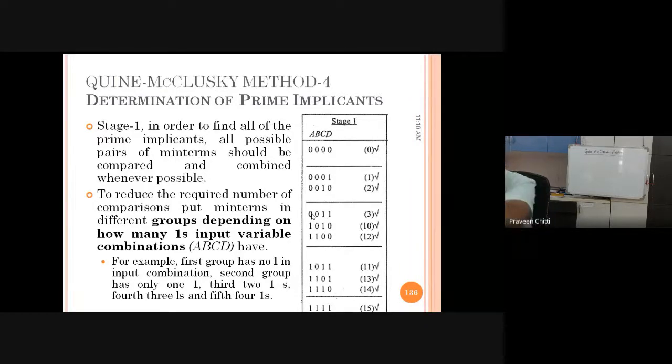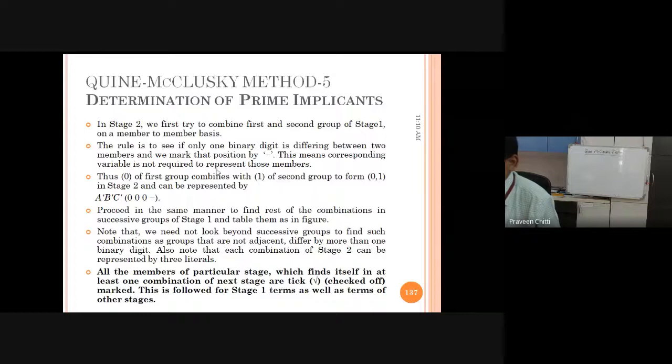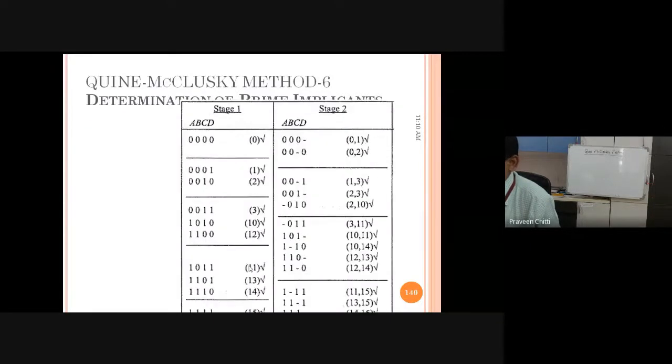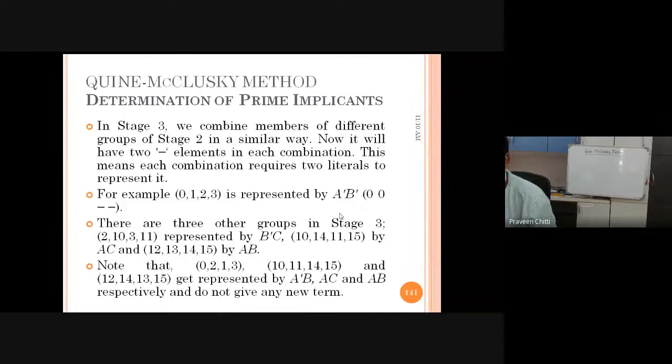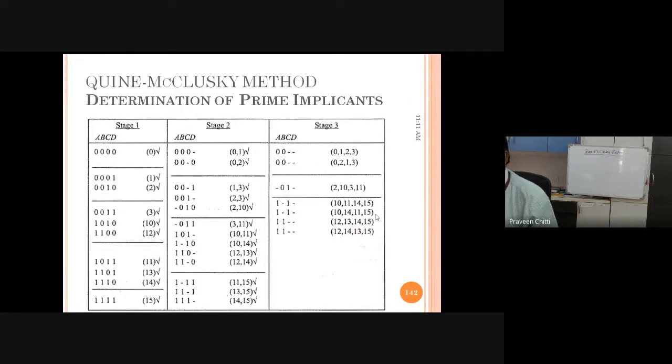We get this structure in stage 1, which I'll explain shortly with the example. Then again in stage 2, we follow a similar procedure. You can see this is stage 1 here, and this is stage 2. Similarly, we may have stage 3, stage 4. It depends on the given expression.